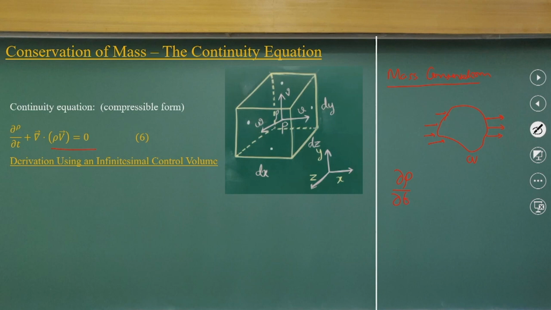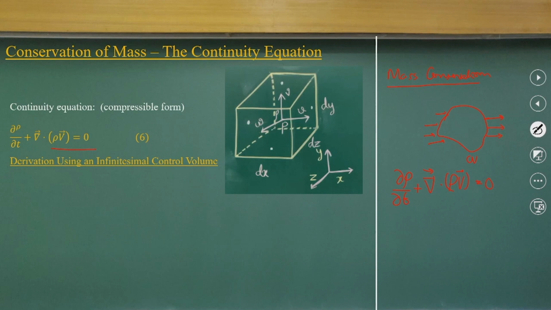This component indicates the change of mass storage within the control volume. That will be equal to the divergence of the mass flux within the control volume. This is what we derived from the Gauss theorem.